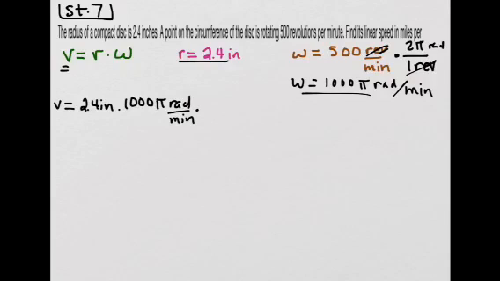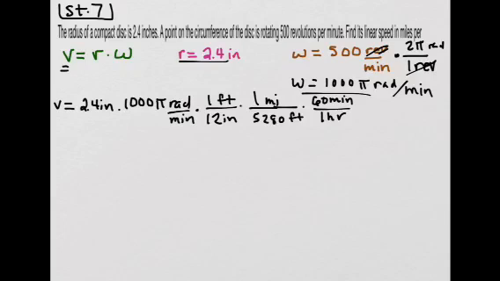So you know that there are 12 inches in 1 foot. There are 5,280 feet in 1 mile. And we've got to convert minutes to hours. 60 minutes in 1 hour.